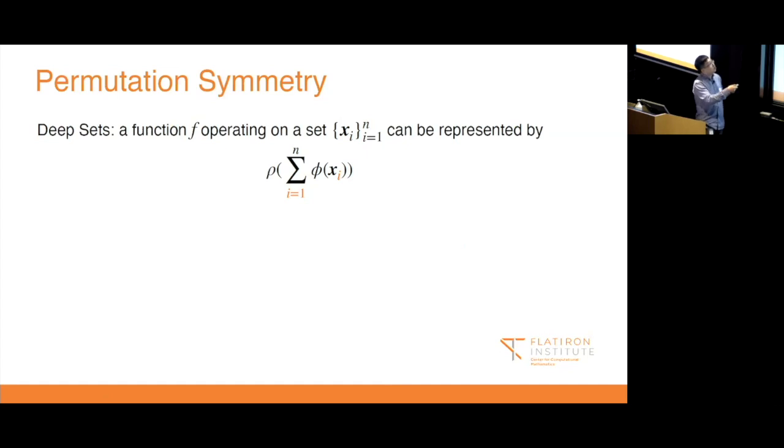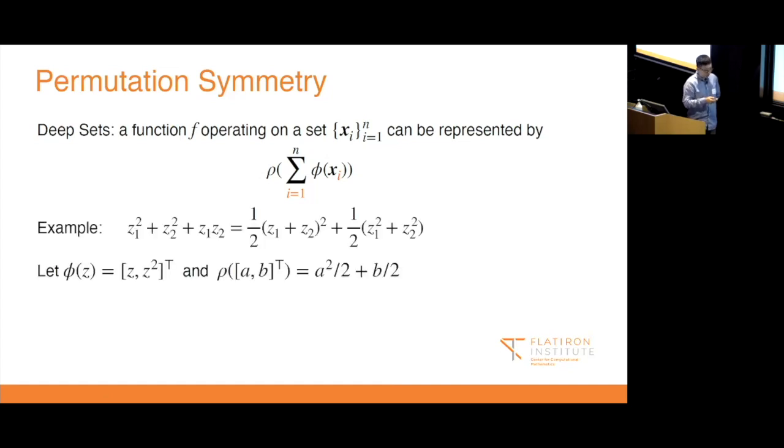But here, since we know f is permutation invariant, the inner function phi is shared across all the components. Since i is the dummy index, if you sum over i, the final function must be permutation invariant. This is the mathematical theorem of permutation invariant functions.